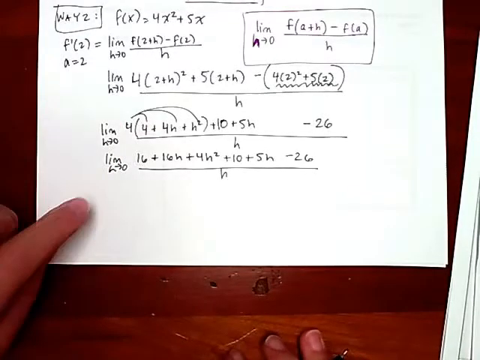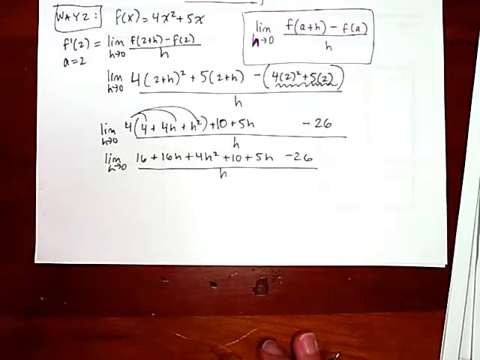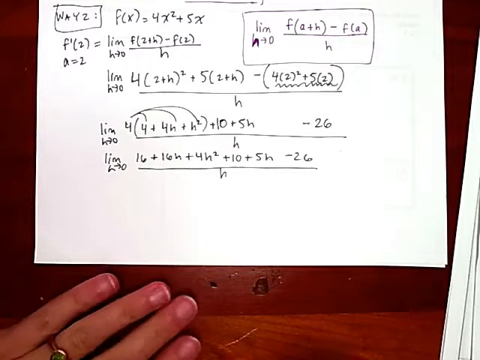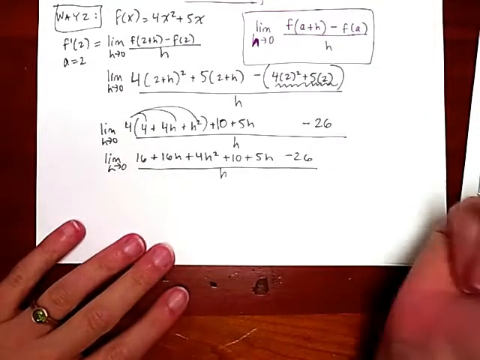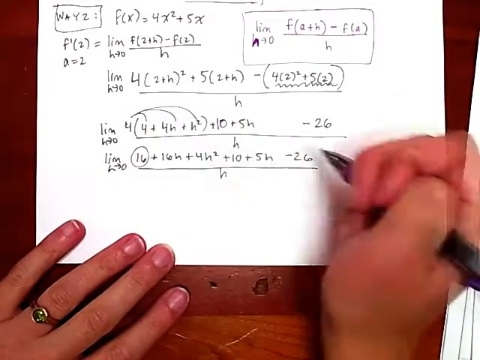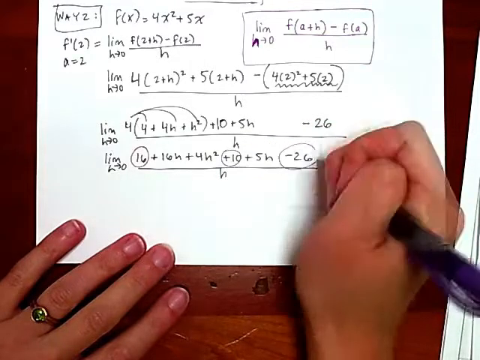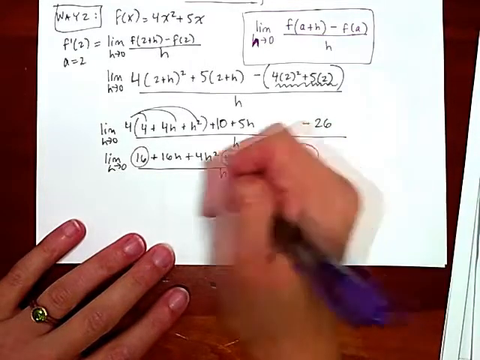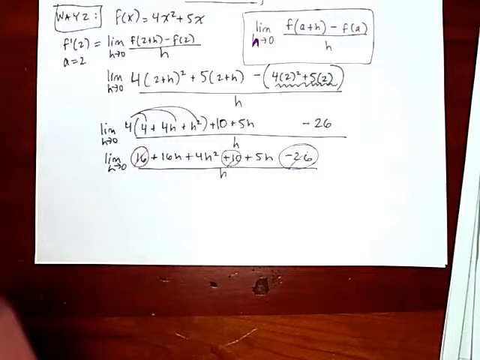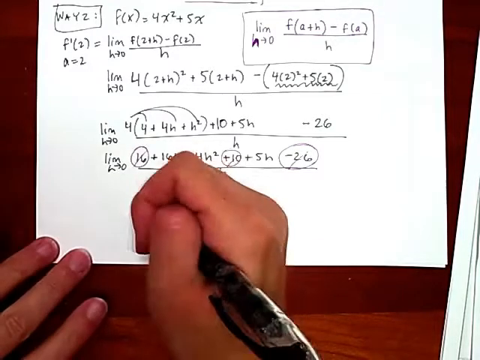And I'm not going to be too strict if you don't write your limit every time because it gets kind of annoying. But things start happening now because I see I have a 16 plus 10, which is 26. And then I have a negative 26 over here. So that's all going to go away. And what's left all has an h in it, right? So that's good.